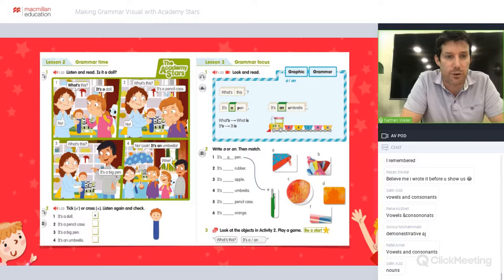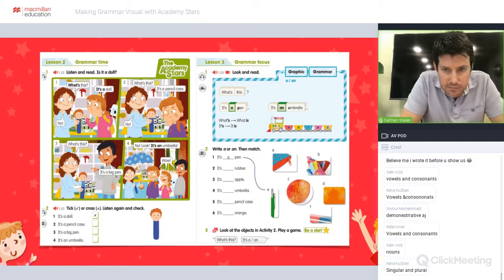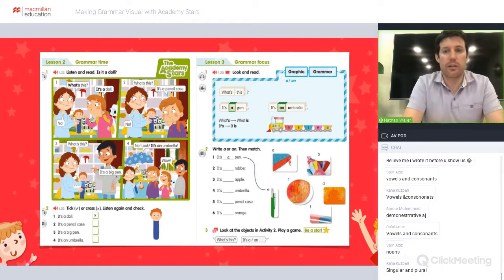What might have been in the vocabulary? What topic? I think it would probably be classroom items. Things like pencil case, pen, rubber, whatever else is on there. Singular and plural. So they need quite a lot of things to be able to engage with this particular content.